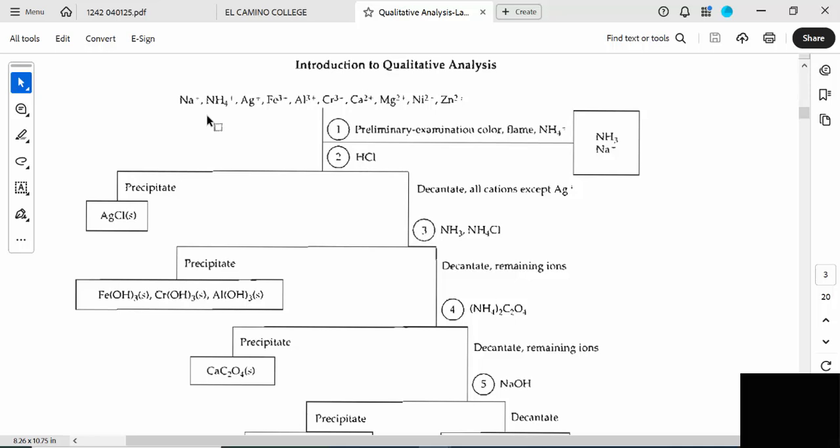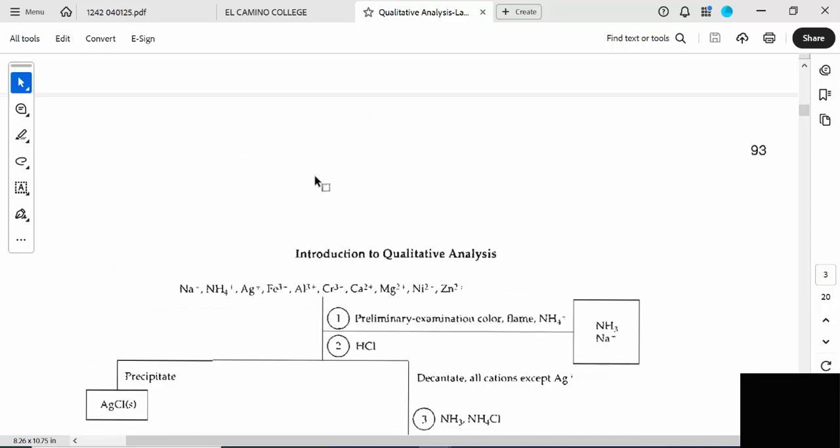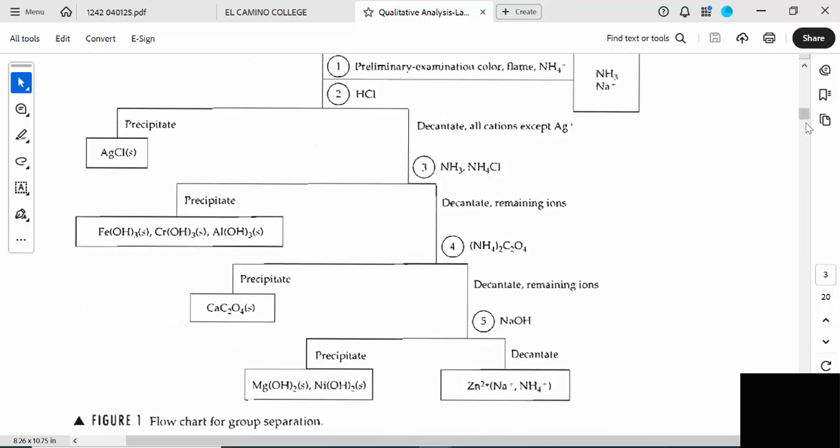So what we're going to do is we're going to centrifuge down the precipitate here, or we might filter it. I think, what are we doing? Are we going to filter it or centrifuge it down? Let's take a look at the procedure.